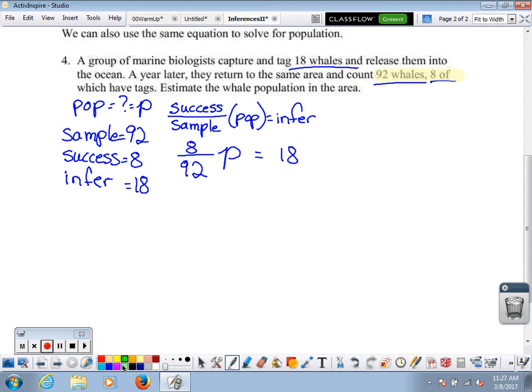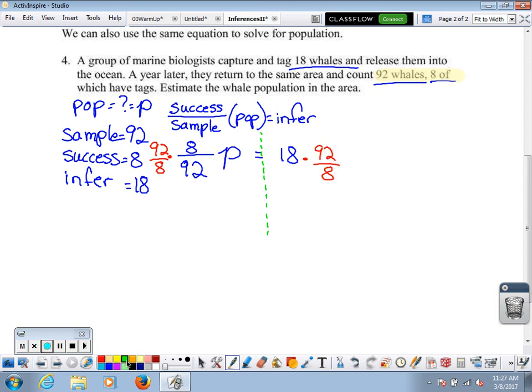So there's our equation, we just need to solve for P. Well, right now, P is getting multiplied by 8 over 92. And what we would do normally is divide by that coefficient. But instead of dividing by a fraction, we're going to multiply by that reciprocal on both sides.